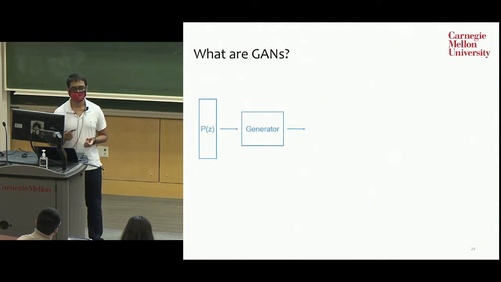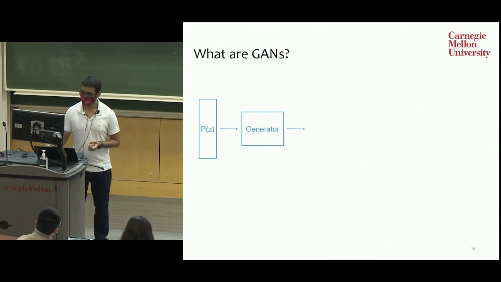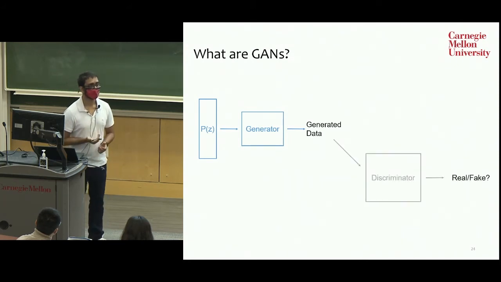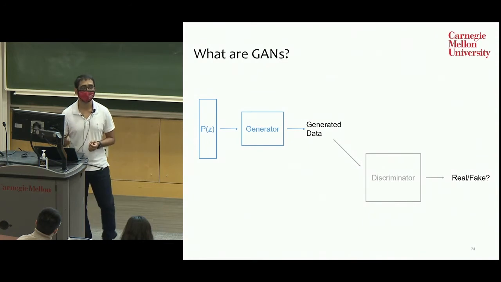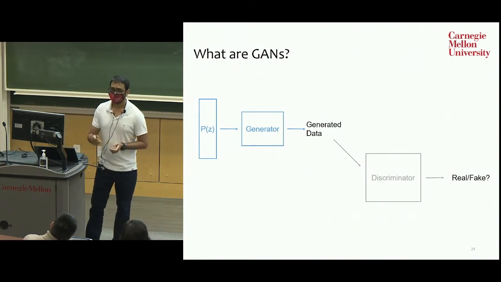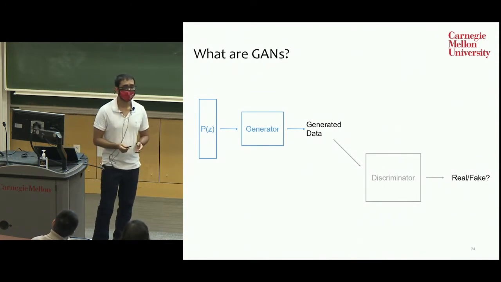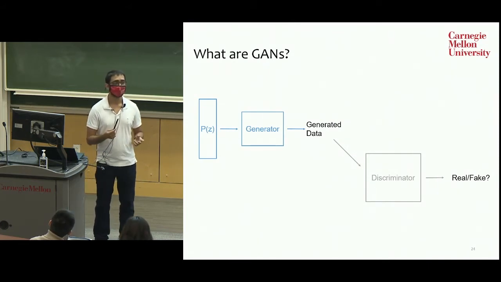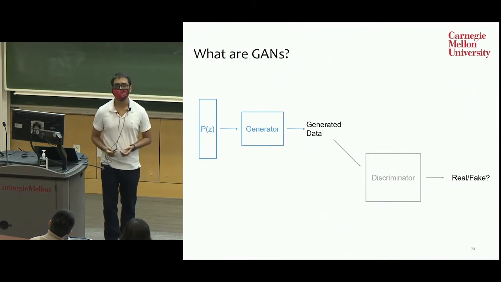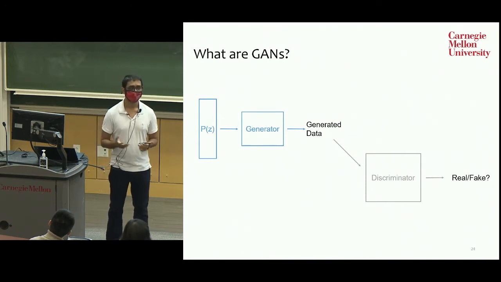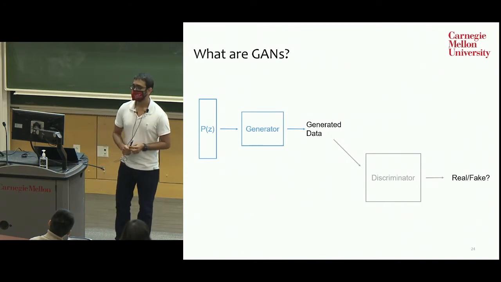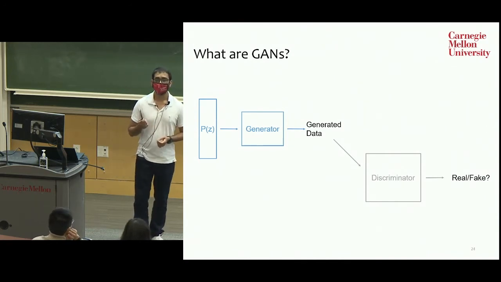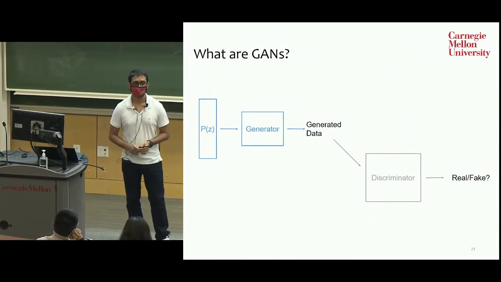You pass it to the generator, and it generates the data. You can initialize your generator with something random, so in your first few epochs, the generator will generate some noisy data. Then your generated data is passed to the discriminator.